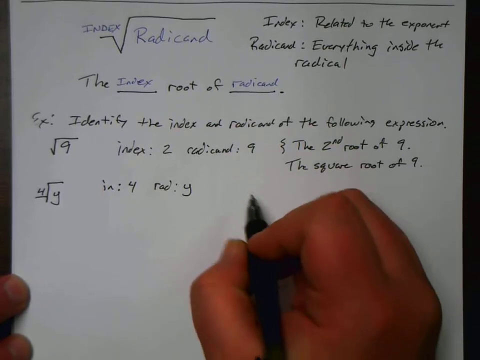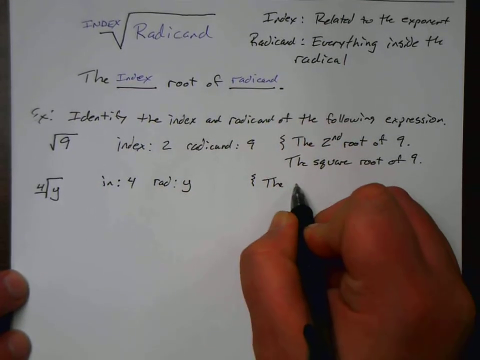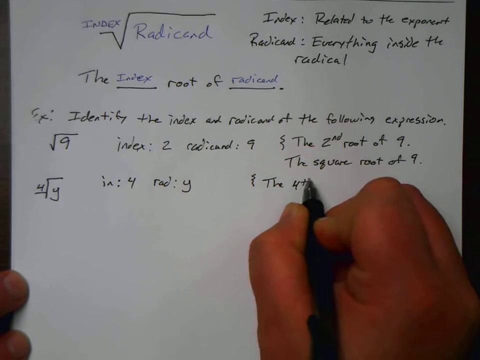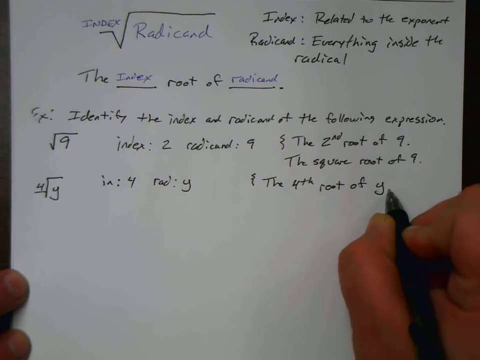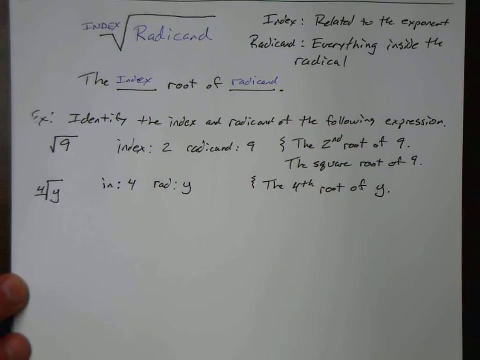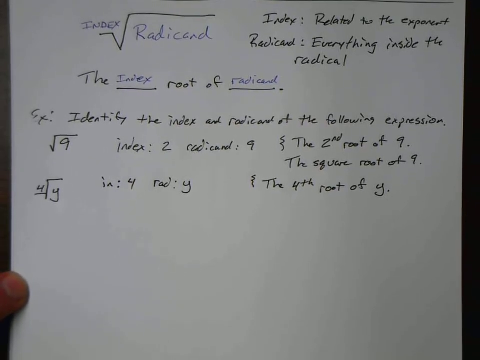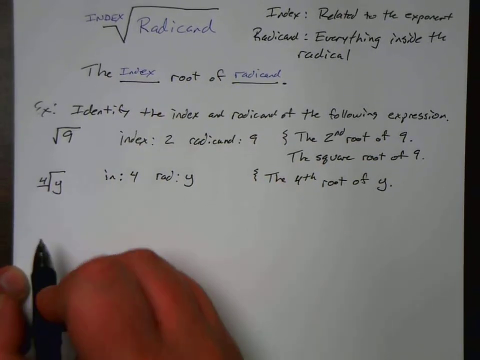The way I would read this, I would say the fourth root of y. The fourth root of y. All right, let's take a look at 2 more. It can get a little bit disgusting, but I want you to see it. Let's take a look at this one here.